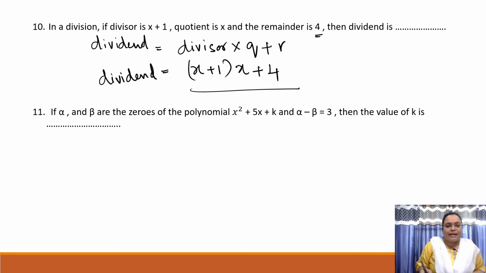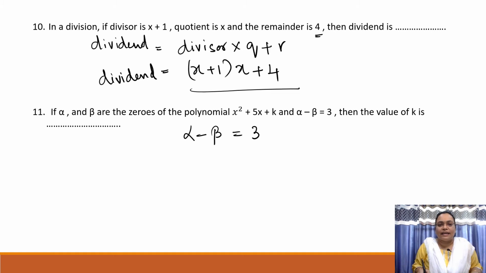Okay, so the next one is, if alpha and beta are the zeros of the given quadratic polynomial x square plus 5x plus k and alpha minus beta is equals to 3, then the value of k. So they have given alpha minus beta is equals to 3.